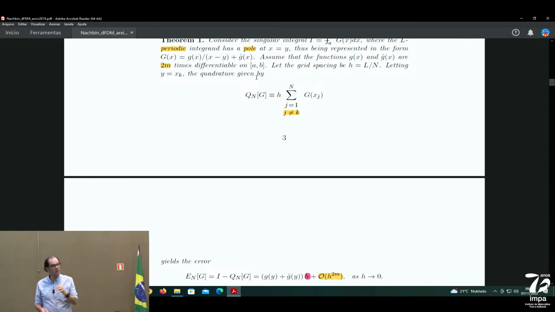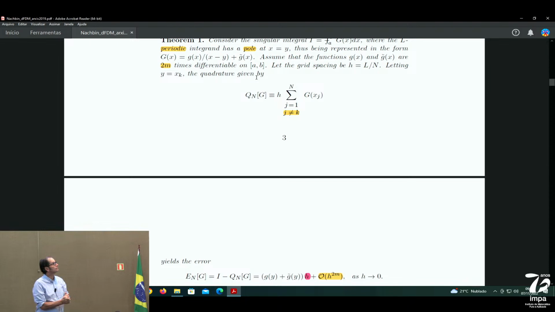These are the smooth parts, times h, which I put there in red, plus order h to the 2m, which is, to some extent, related to the regularity of the little g's. Okay, so if you skip just the point where you have the singularity, your integral is first order, just like what Krasny was doing. Okay?